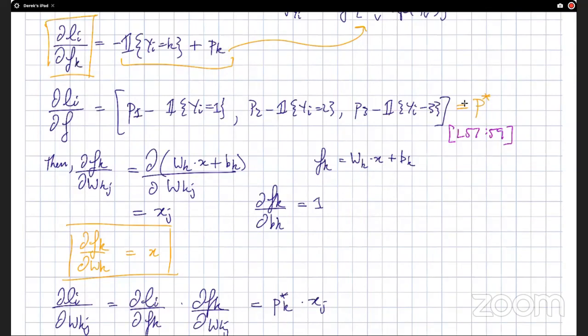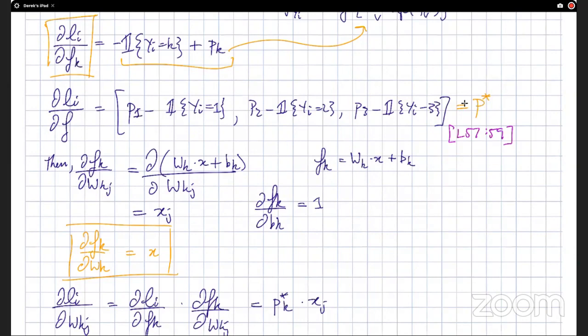This is correct, so whatever they do on the internet eventually should be this. They just might write it in a different way. But at least for the code that we set up, it is like this. So I think it's probably easier to think of it like this.